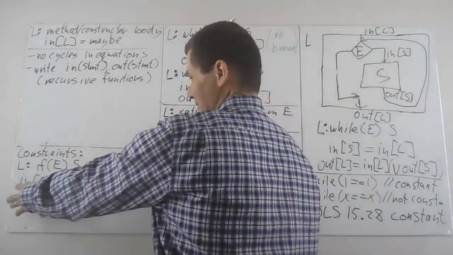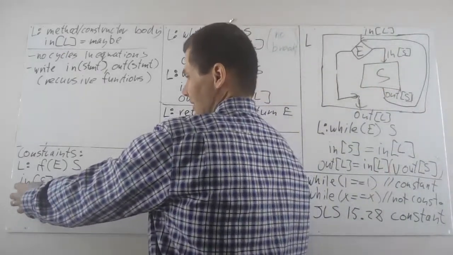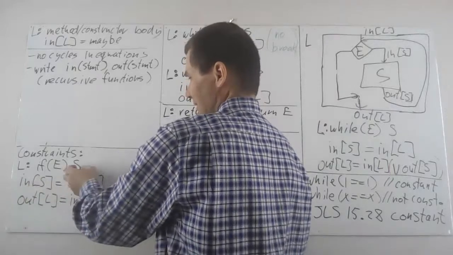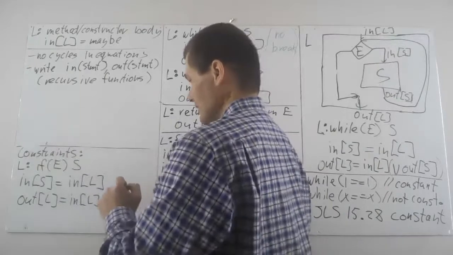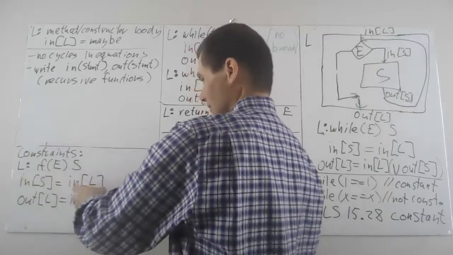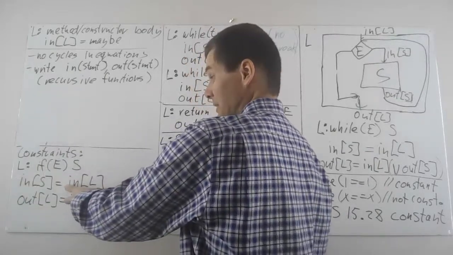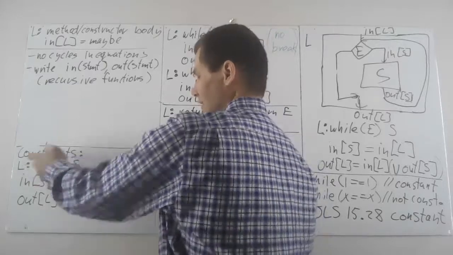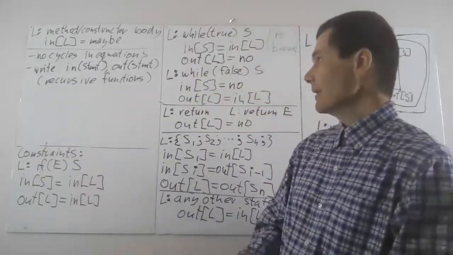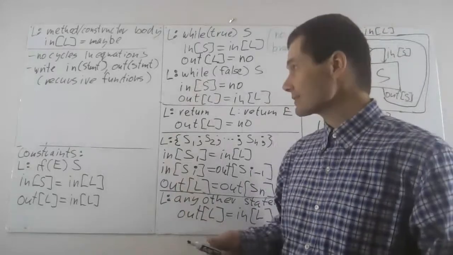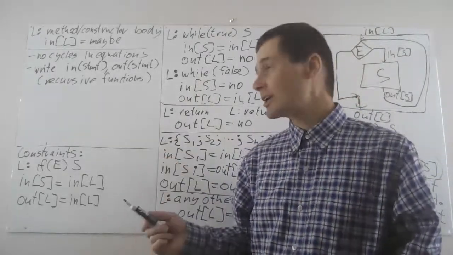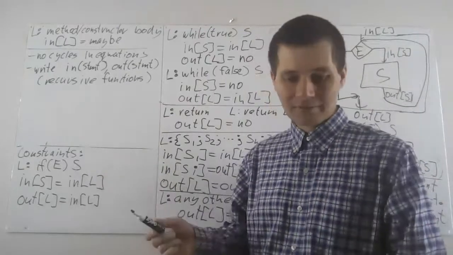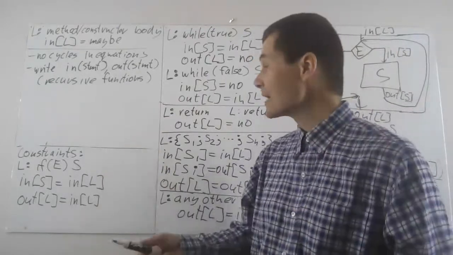So if you do in of S and the S is the body of an if statement, then you're going to follow this equation and make a recursive call on in of that if statement. If there were cycles in the equations, then you would get infinite recursion here, and your compiler would never terminate, or it would crash.